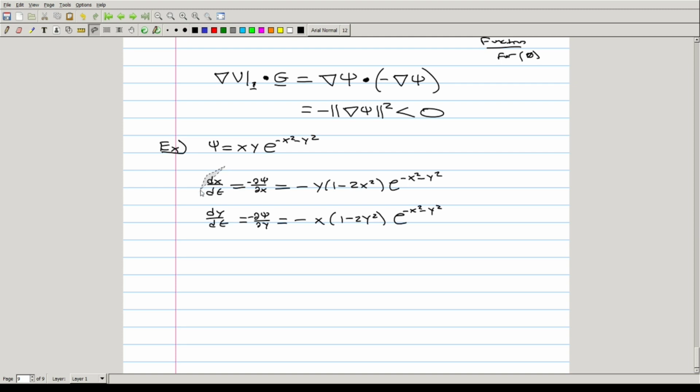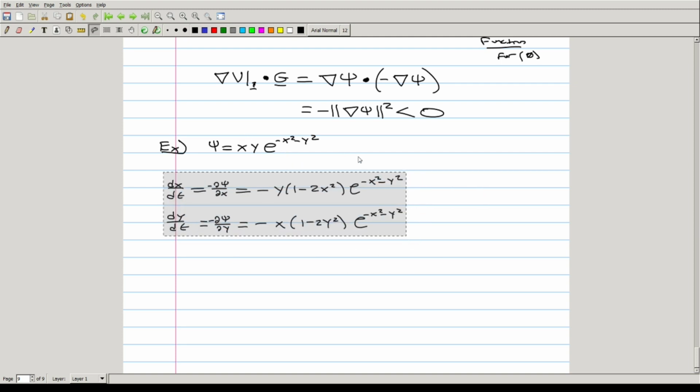We can go through and figure out the critical points of this function right here, or the equilibrium points of this system of differential equations right here. And this is a function that I use pretty heavily in the multivariable calc class.